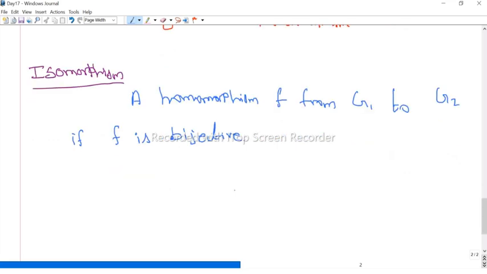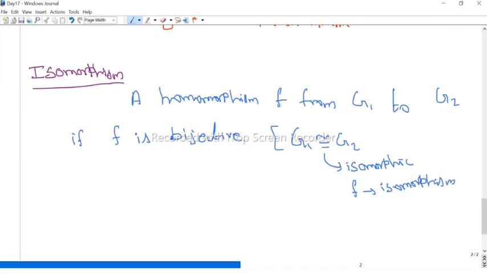If there is an isomorphism between G1 and G2, we denote it by G1 is isomorphic to G2, and the function f is called an isomorphism. Isomorphism means it should be a homomorphism and bijective.